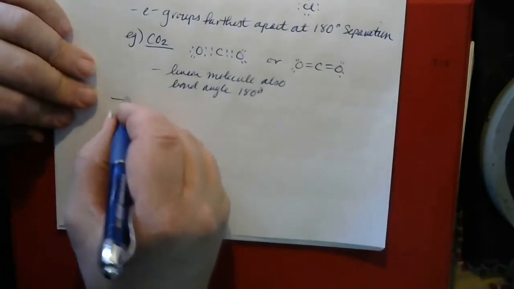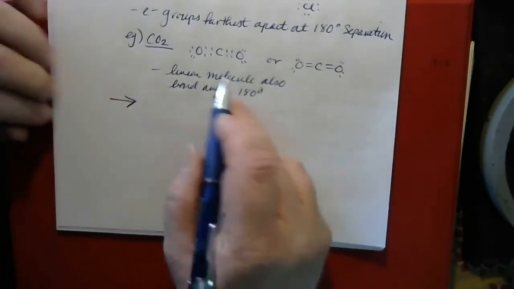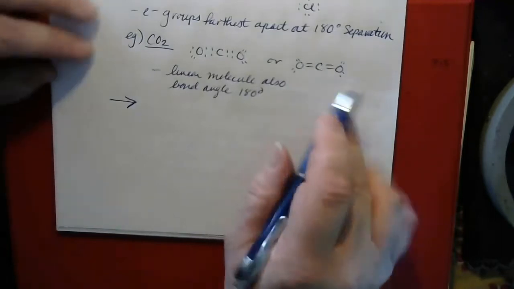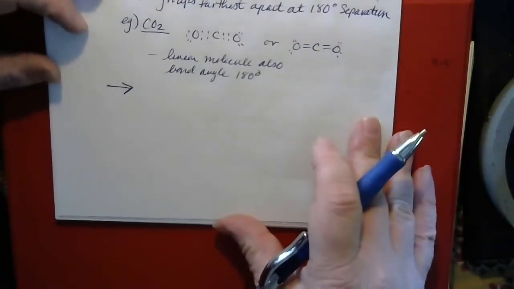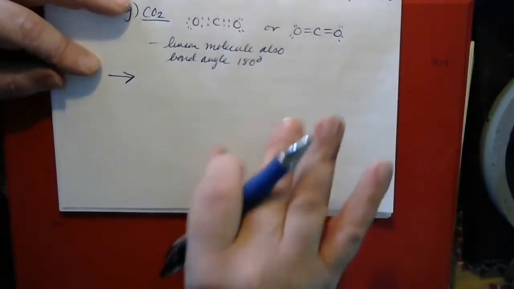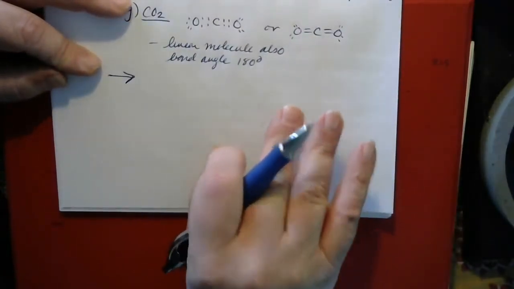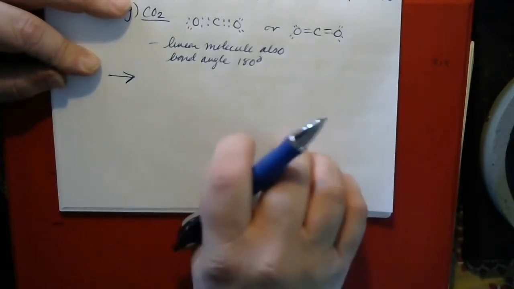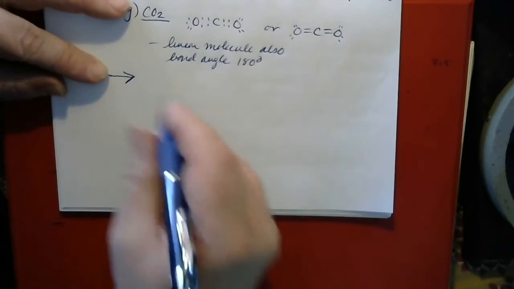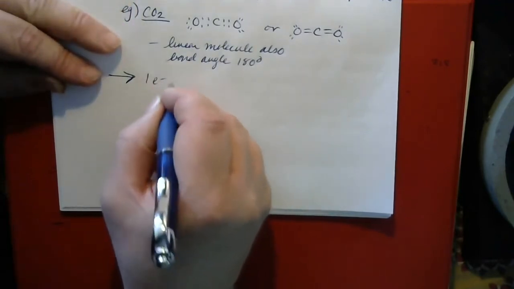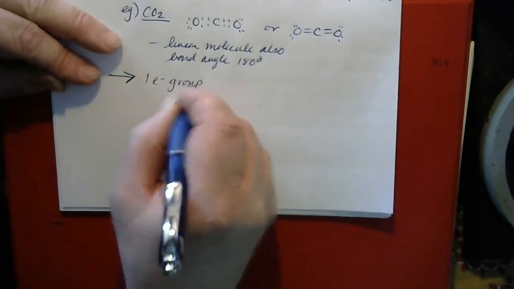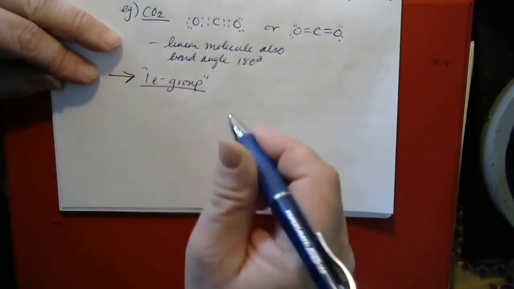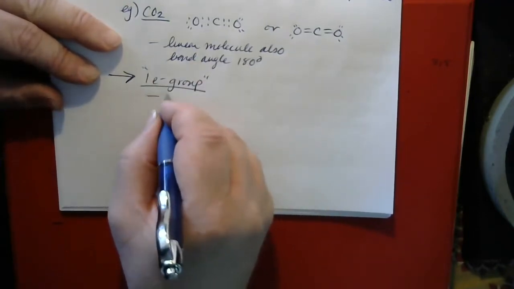It's important to note at this point that we count double bonds as one electron group, just like we do with single bonds, because in reality, double bonds only take up a little bit more space on the atom than single bonds do. It's not twice as much space. It's nowhere near twice as much. And so when we say one electron group, that could be a single bond.